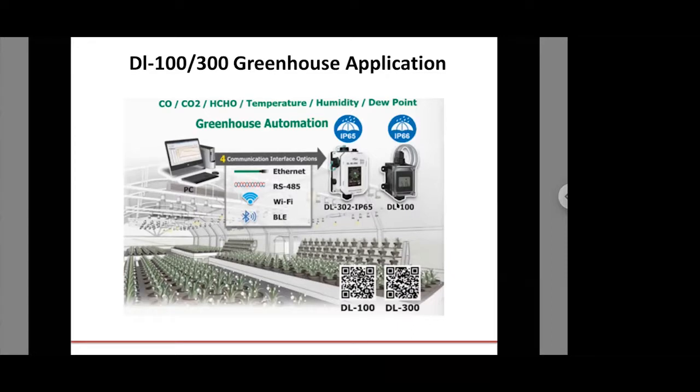And the LCD display is especially useful for your on-site operators, the greenhouse employees, to just get a quick reading of what the temperature is in that area, or what the relative humidity is in that zone.